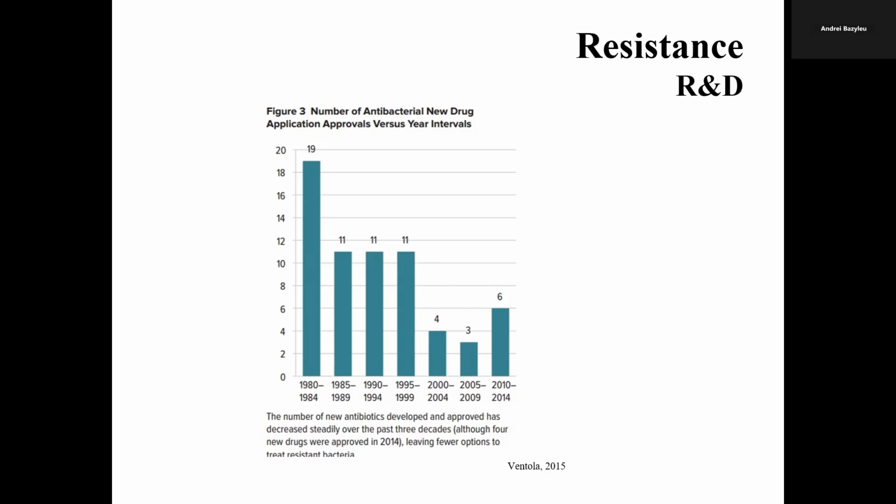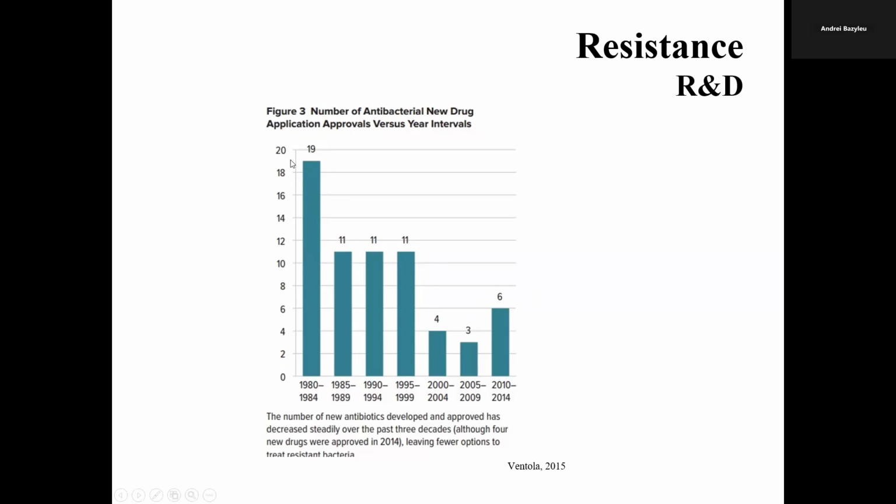So all of this combined, again, there are other reasons to it, but some of the major ones I gave you, as you can imagine, led to a very natural and very unfortunate, but very natural, I guess, slump, as you can see on this figure, in the interest of pharmaceutical companies towards antibiotics.